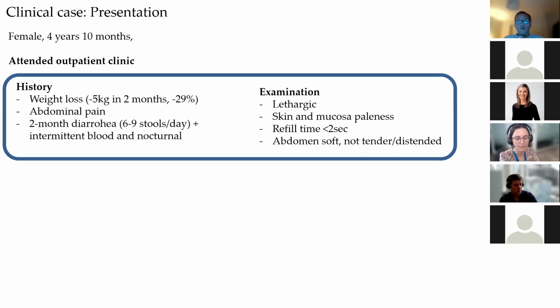Dad spoke English, mum not so much, and they had presented several times to the emergency department, and perhaps because of language issues or other things, they weren't really moved on with investigation. So this child came to the outpatient clinic after a routine referral. It was very clear when we saw them in the outpatient clinic, they were unwell. If you just click on.